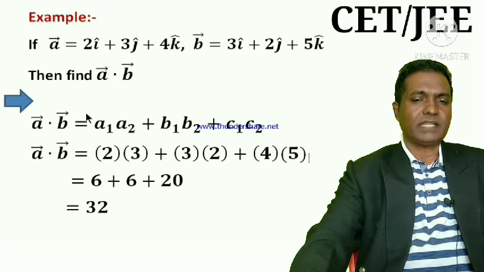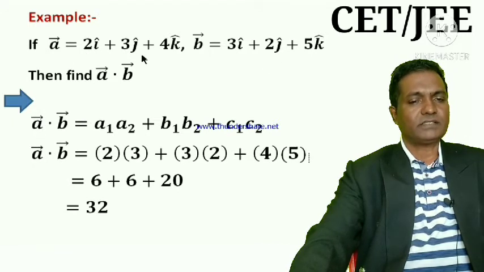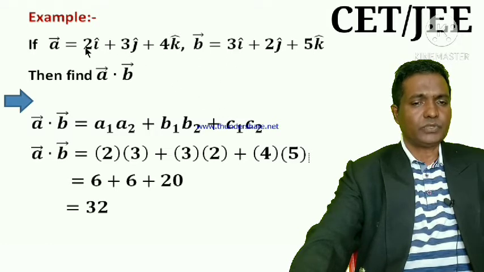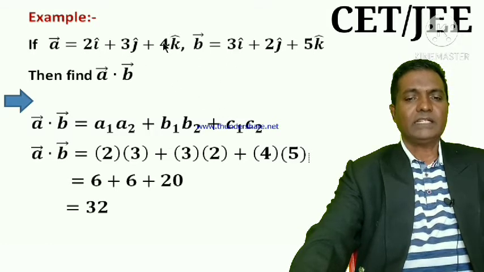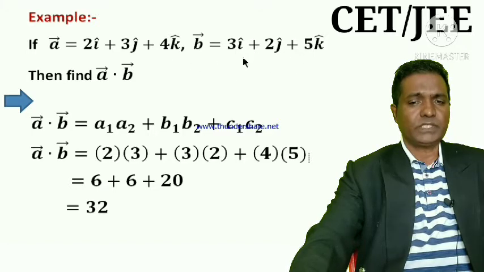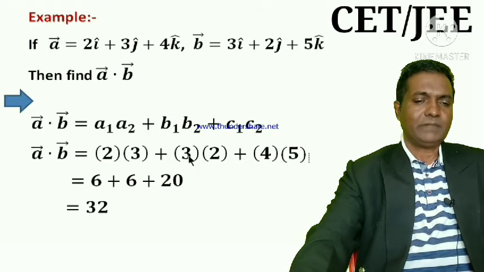Because these are given in terms of components, A dot B is defined as A1 A2 plus B1 B2 plus C1 C2. So A1, B1, C1 are these coefficients 2, 3, 4, and A2, B2, C2 are these. Substitute here and multiply. 2 3s are 6, 3 2s are 6, 5 4s are 20. So add them, you will get 32.